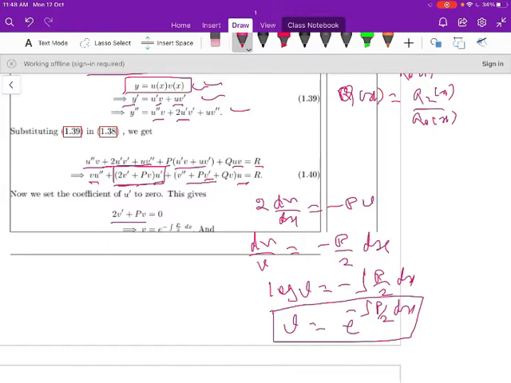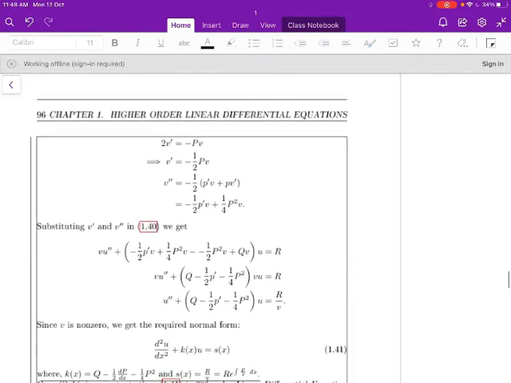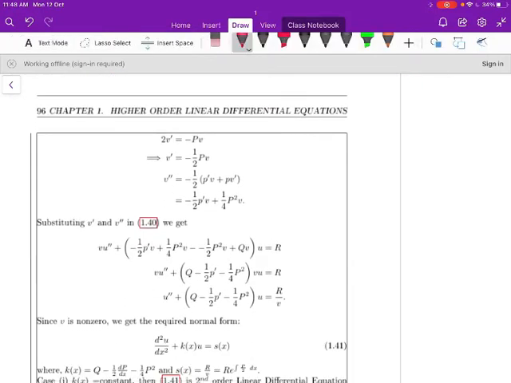Once you know v, you find out v dash and v double dash also. So this can be written as 2v dash is equal to minus p into v. So v dash is equal to minus half into pv. Similarly, v double dash, differentiate this: minus half into p dash into v plus p into v dash.